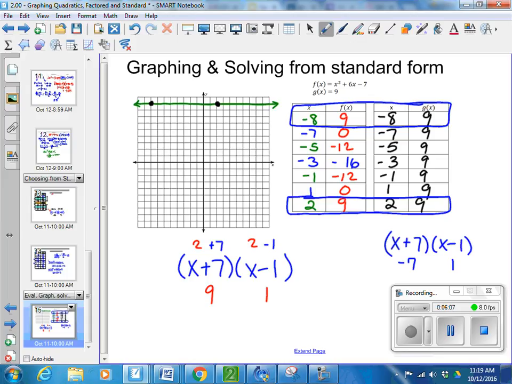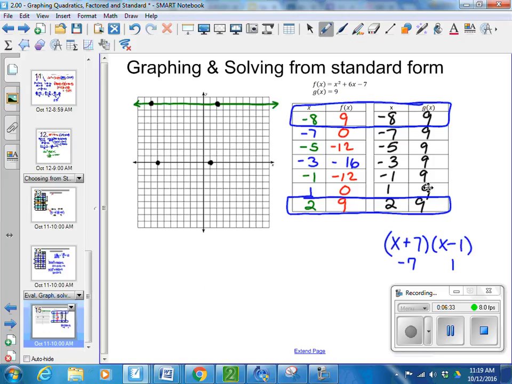So let's see, at negative 7, it's at 0. At positive 1, it's at 0. And that's kind of where all the decent plotting ends.